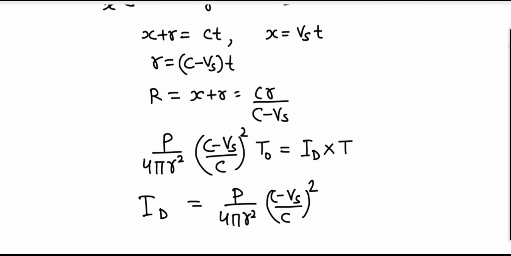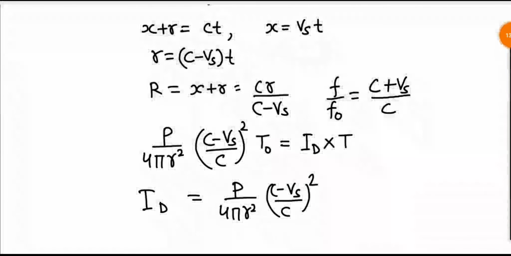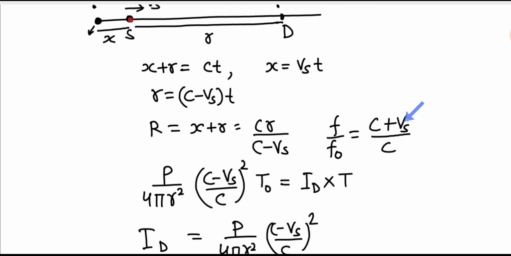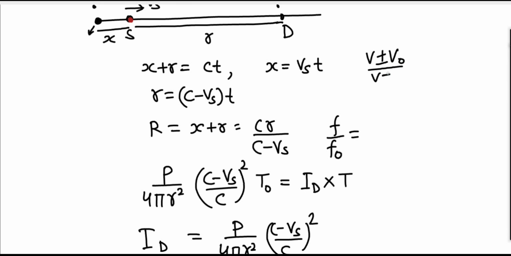and we'll apply the Doppler formula again. So f by f naught in this case is going to be (v plus minus velocity of observer) by (v plus minus vs).